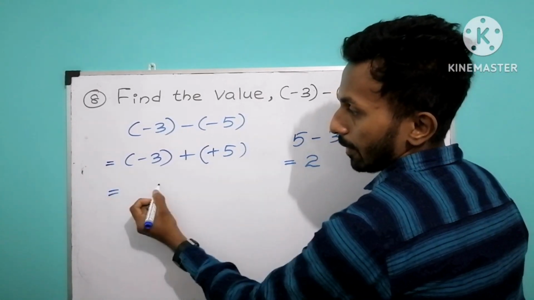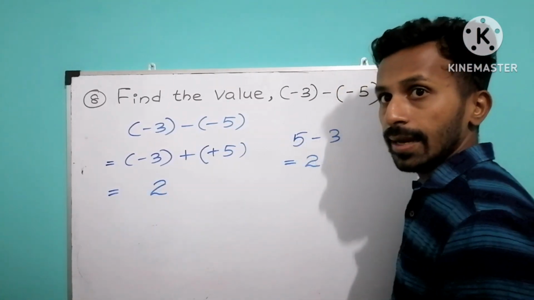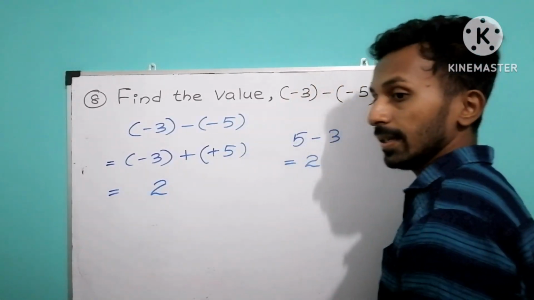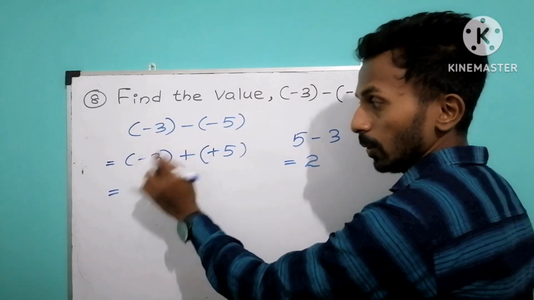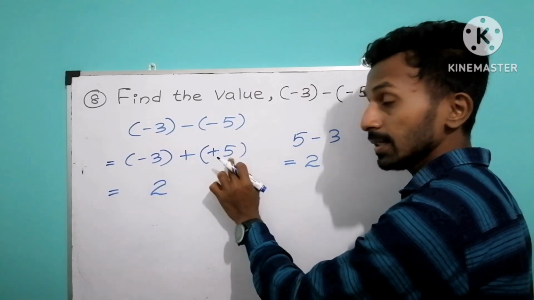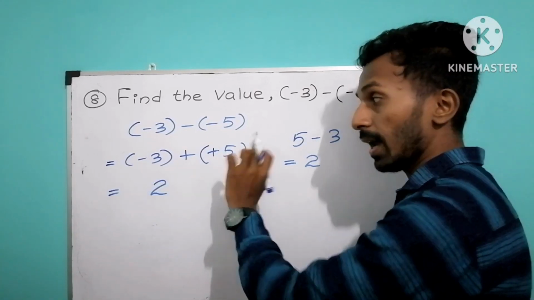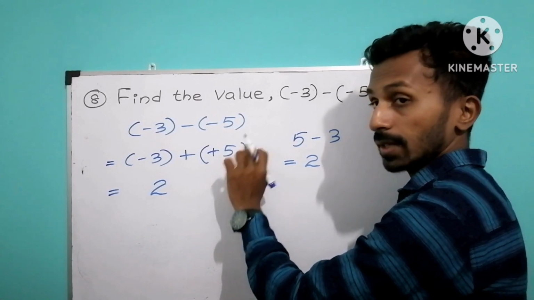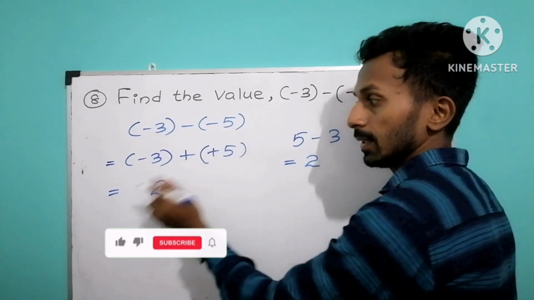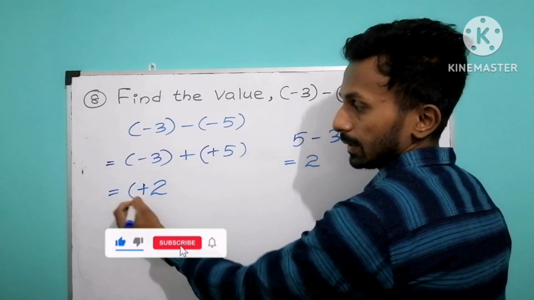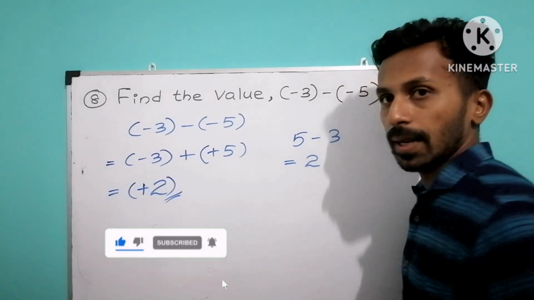Then I write 2 here. Then what's the sign? We put the sign of the largest value. The largest value is 5. The sign of the largest value is plus. Then put plus here. The answer is plus 2.